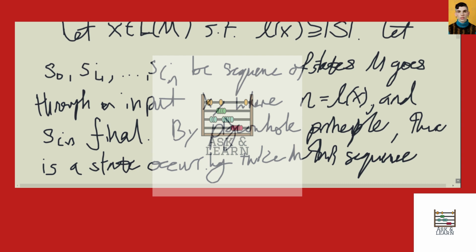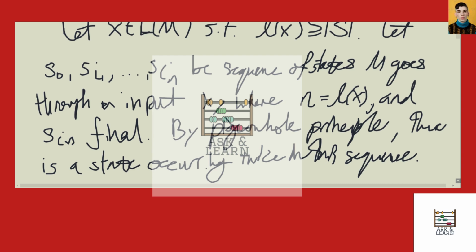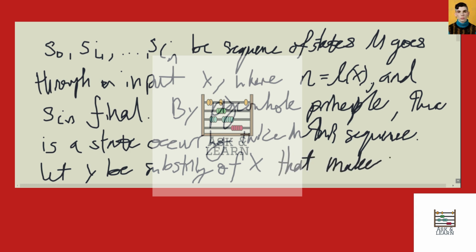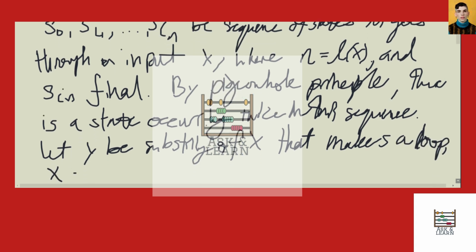Now we'll let y be the substring of x. Essentially, y is going to be the substring that causes the loop. In other words, we have that x is equal to u, y, v for some other words u and v.